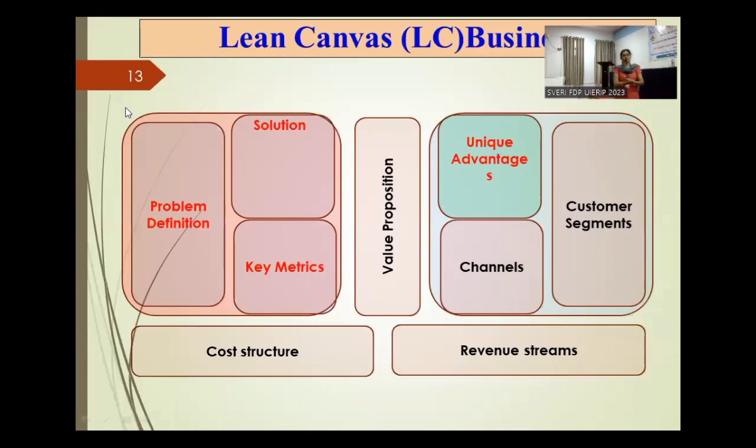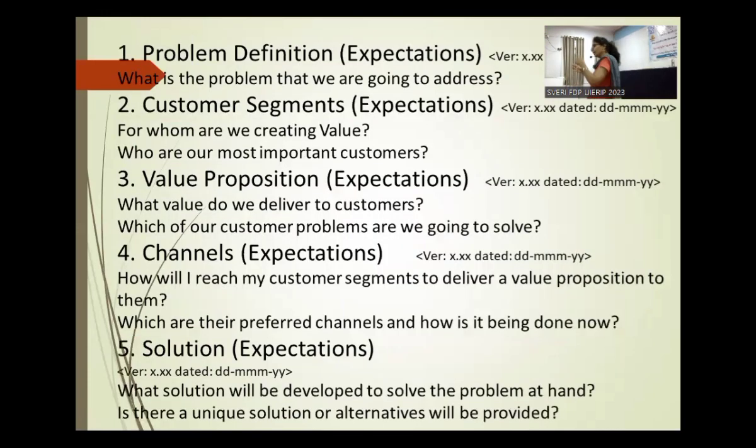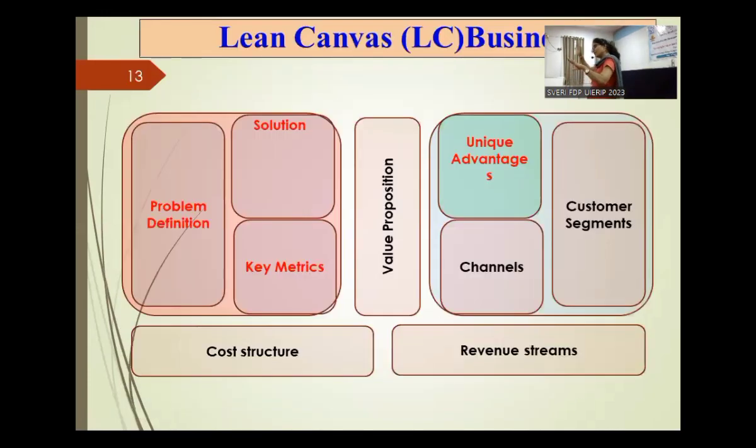So that's why I asked the question to Giri sir, what is the difference between the lean canvas and the business canvas? Actually, that is quite different. Though the business canvas can merge the lean canvas, the lean canvas cannot merge the business canvas. Why?